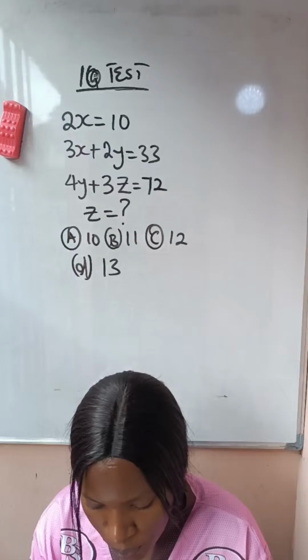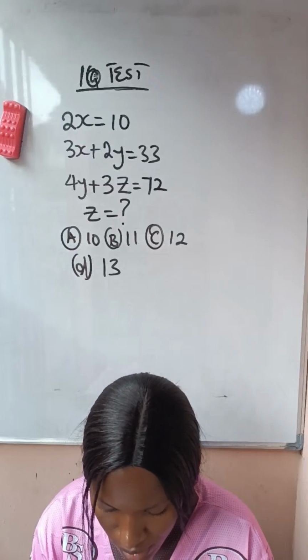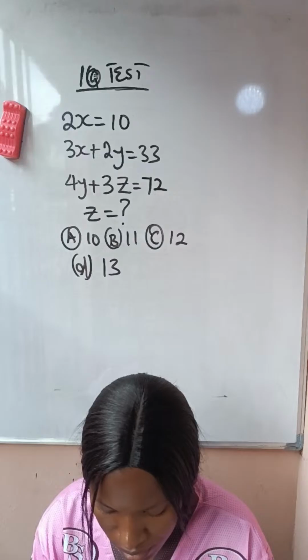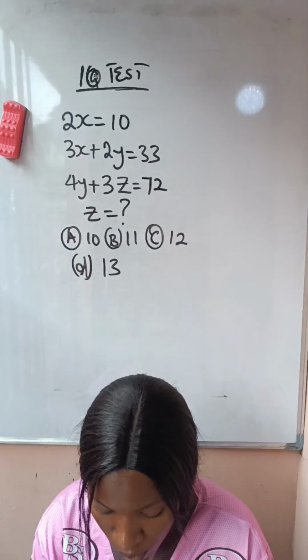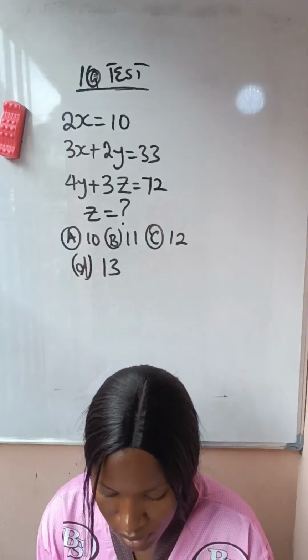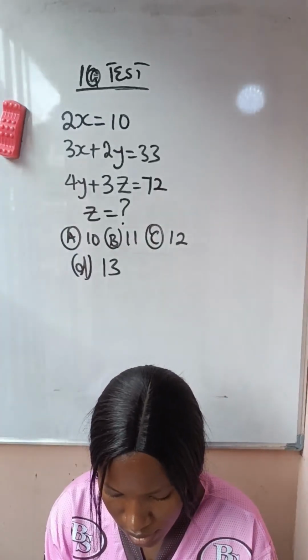If you know how you got this, could you kindly tell us in the comments? You say x equals 5, y equals 9, and z equals 12. And that is Godwin trying to tell us how she got the answer right.